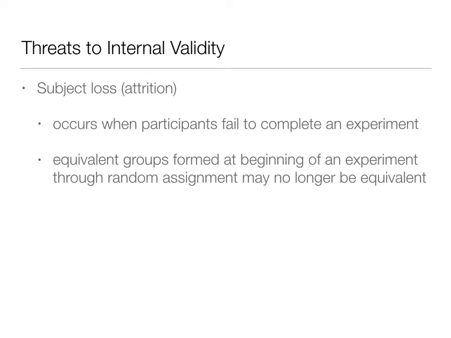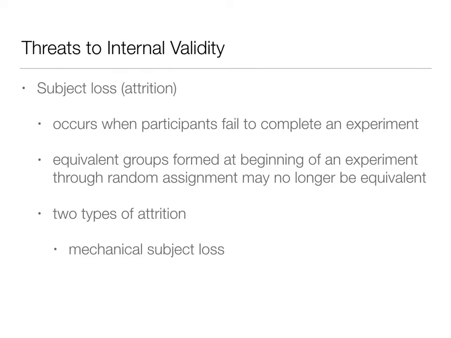So at the end of the study, who we're left with are the people that just exercise a lot anyways. We're not left with a really representative population. And so we don't know then, is it our independent variable that's causing that change, or is it our subject loss, this attrition?